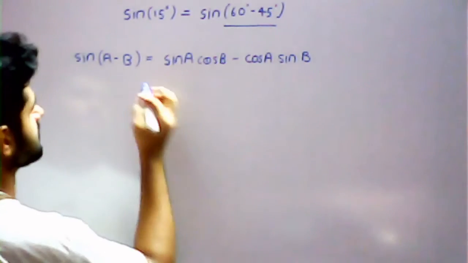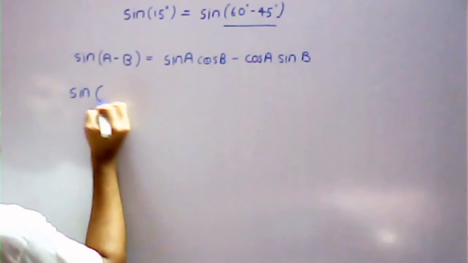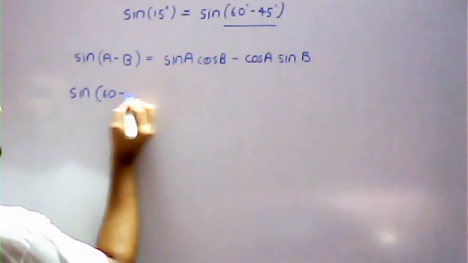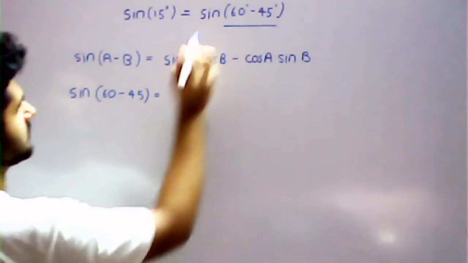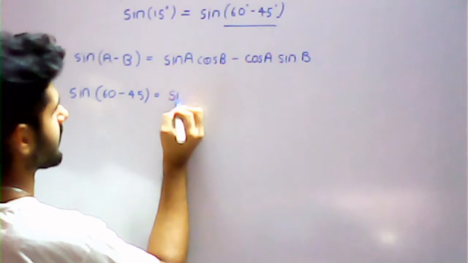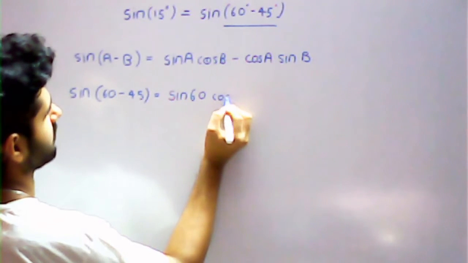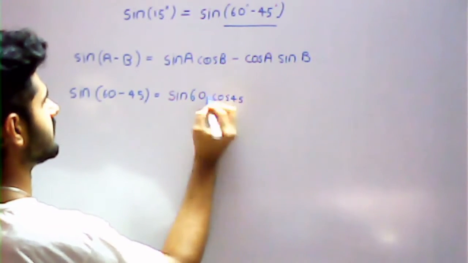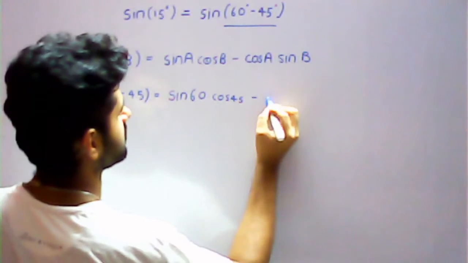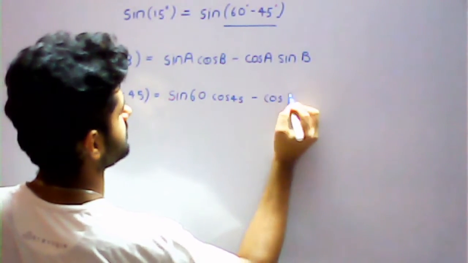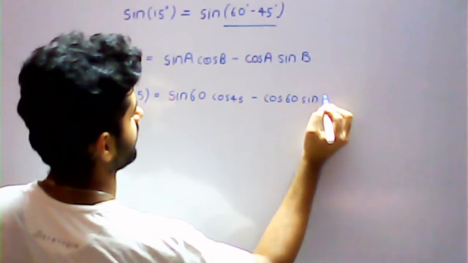So putting these values in this formula, sine of 60 minus 45 is equal to sine 60 cos 45 minus cos 60 into sine of 45.